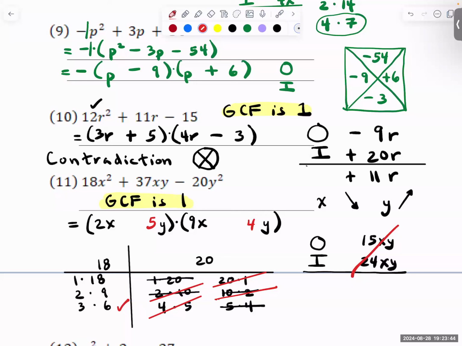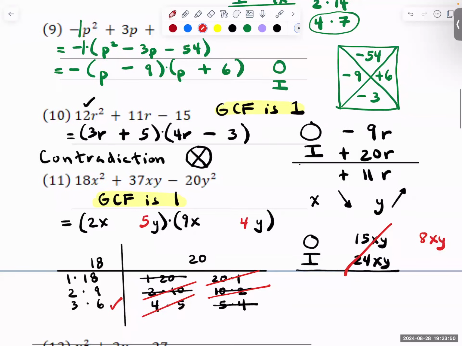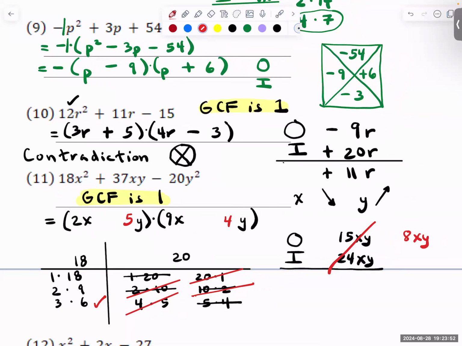Outer product, 2 times 4 is 8 times xy. The inner product is 5 times 9 is 45xy. We must get plus 37xy as the middle term, which we can do with a plus 45 subtract 8.